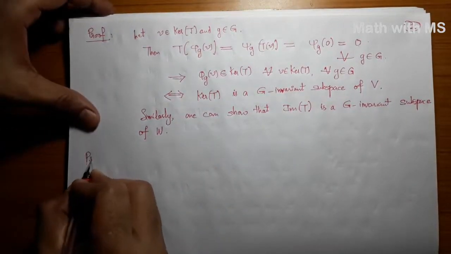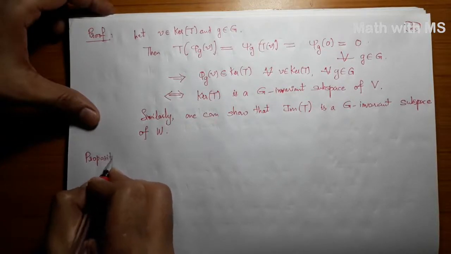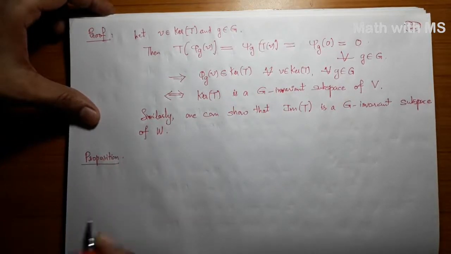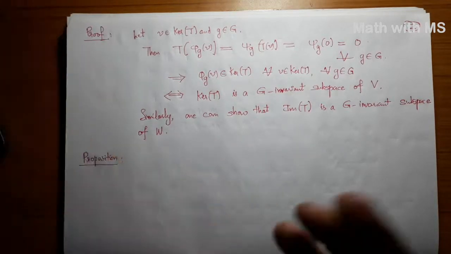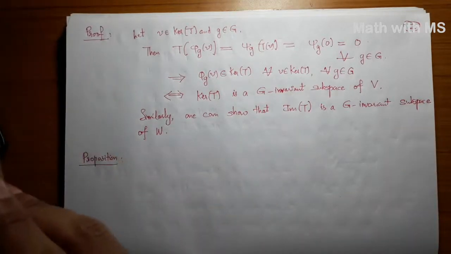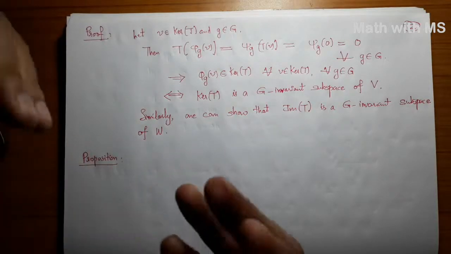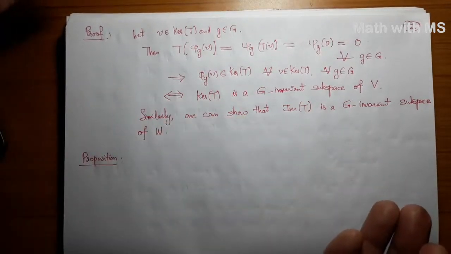So let us make one more observation here. Let us write it as a proposition. Now, fixing a group G and two representations of the group G, you look at all the morphisms from one representation to the other representation.